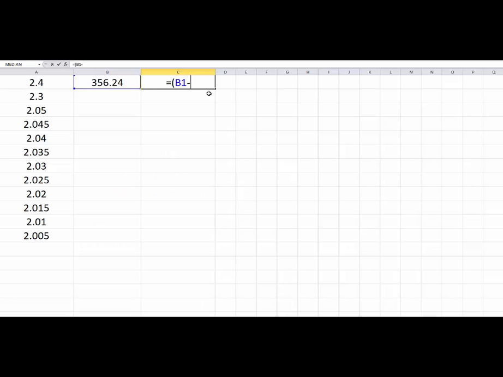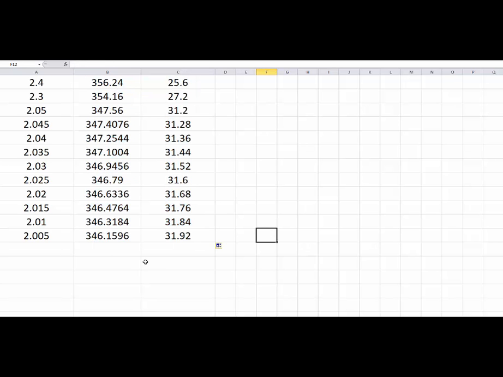Okay, so we'll just enter 346 here, divided by h. And how much is h here? 0.4. Actually, let's write it like 2.4 minus 2, so that became 25.6. And then we will see how these values change.